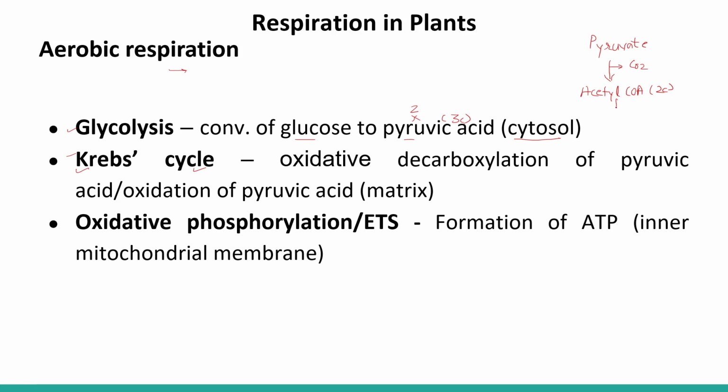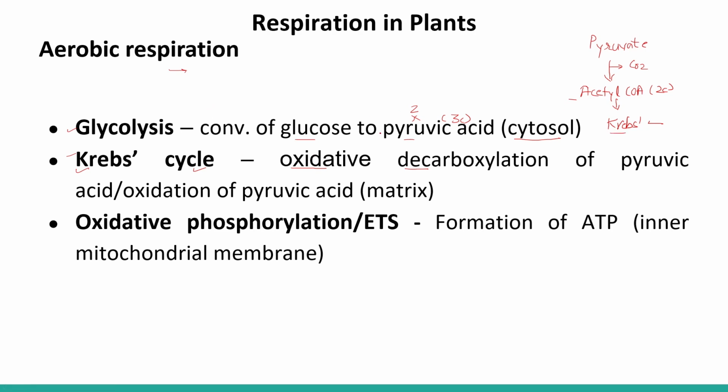And this acetyl coenzyme A then enters the Krebs cycle. Pyruvic acid or pyruvate cannot directly enter the Krebs cycle. So first, there is oxidative decarboxylation of the pyruvic acid. Pyruvic acid is converted into acetyl coenzyme A and then it enters the Krebs cycle.